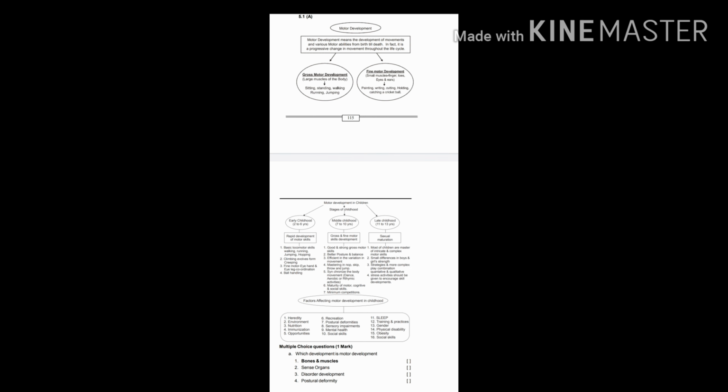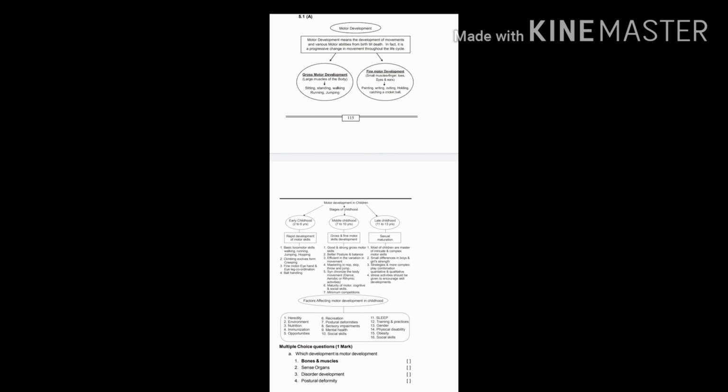Now we are talking about motor development in children. We have to divide the children into three age groups. First is early childhood. Early childhood starts from 3 and ends at 6. That means the children who are from 3 to 6 years come under the early childhood category.